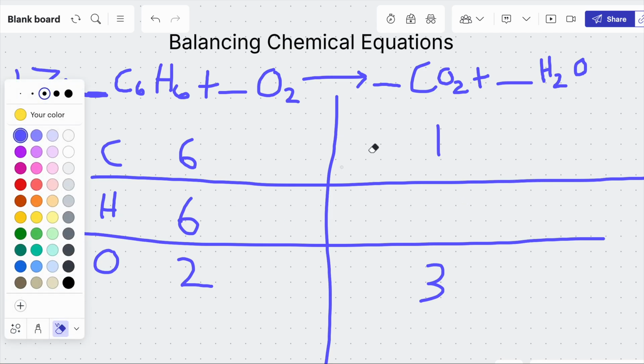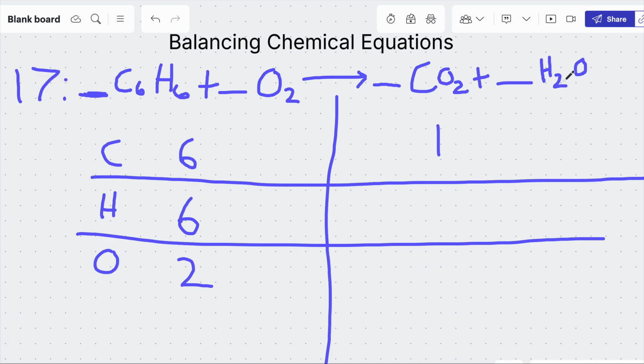So if we get rid of that, it's going to change our H's and our O's. But we're going to be adding H2O's because that's the only thing on this side with H's. So we're going to add more of that. In this case, we want 6 total, and there's 2 in every H2O. So what times 2 is going to get us to 6?